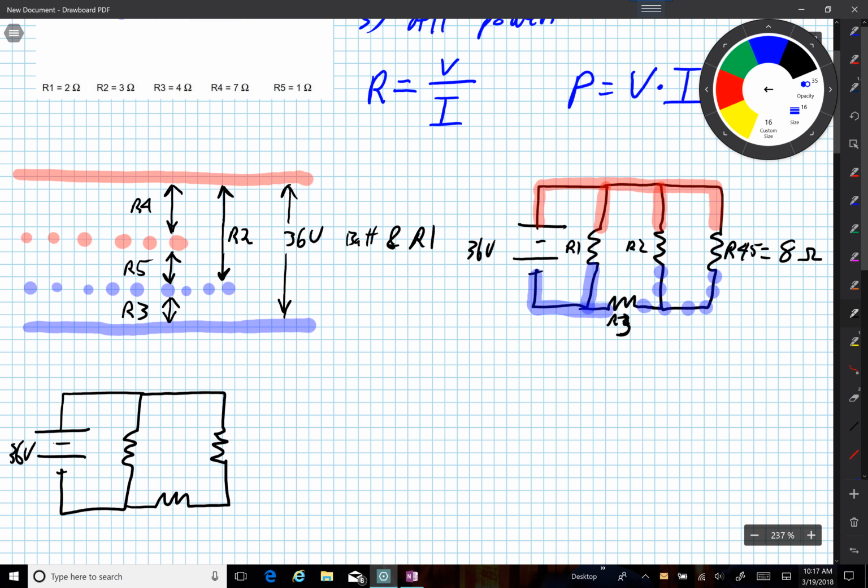This is my 36 volts. This is my R1. This is my R3, right at meter this time. And this is R2,4,5. And this is 1 over R2,4,5 equals 1 over R2 plus 1 over R4,5.